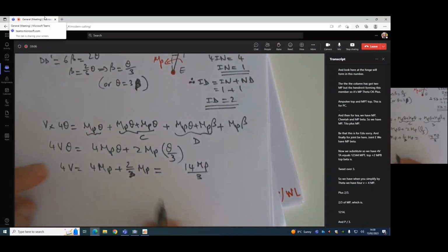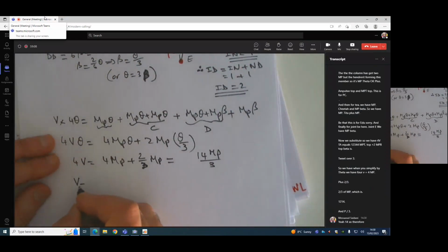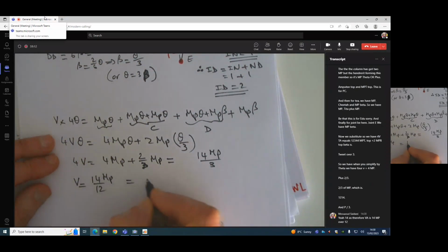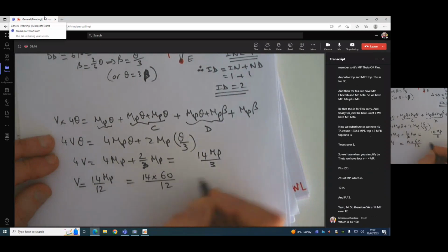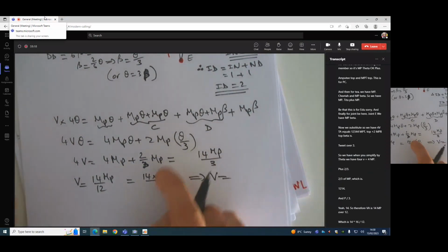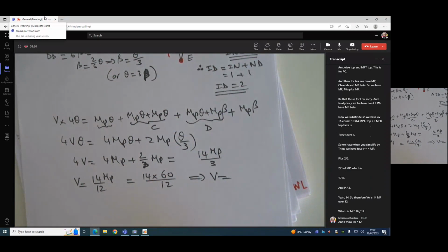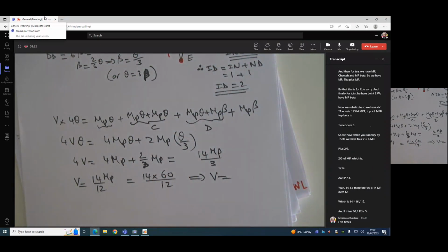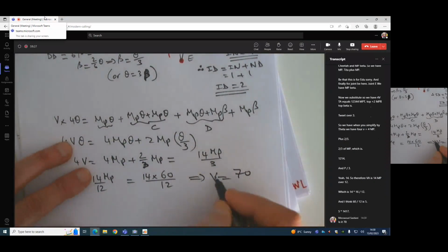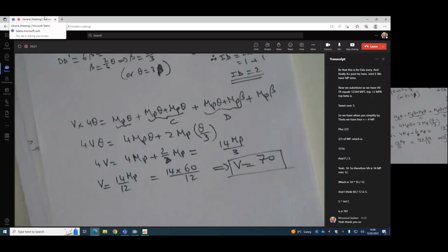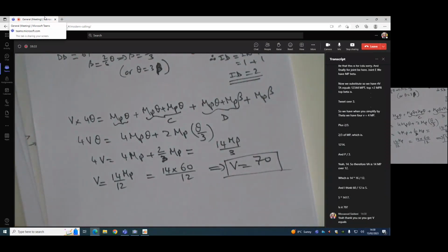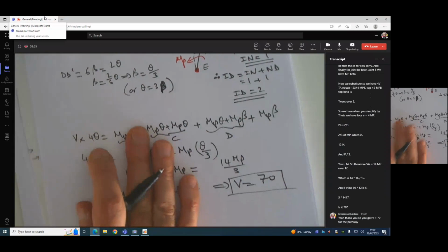Therefore, V is 14 MP over 12, which is 14 times 60 divided by 12. And 60 over 12 is 5. 5 times 14, 70. Is it 70? Yeah. Thank you. So we've got V equals 70 for the pathway mechanism.